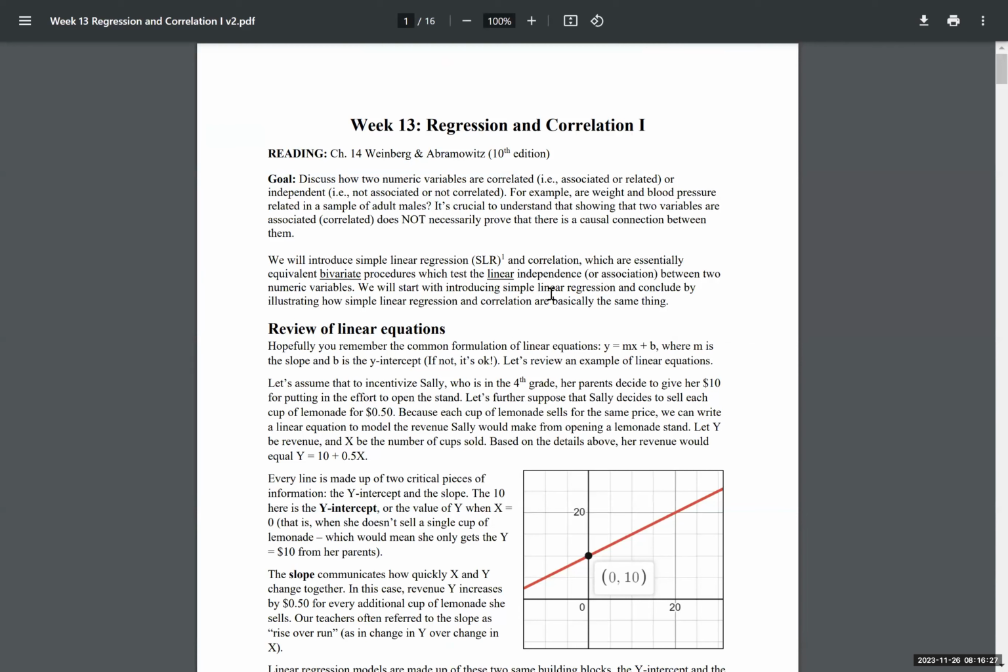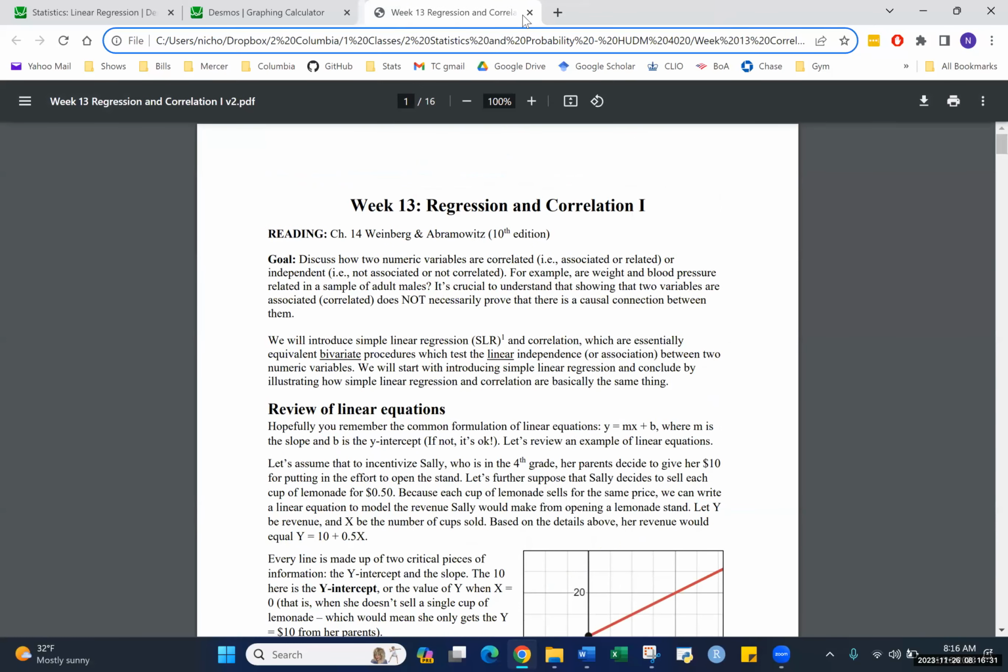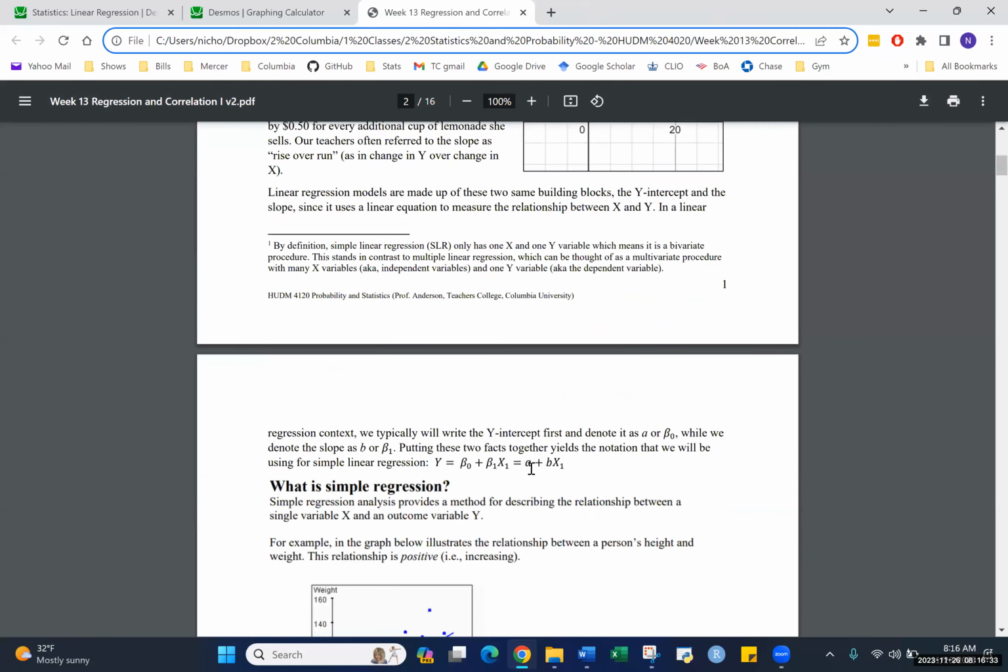Okay, here we are. So one thing I do need to do is make sure I close this one. Okay, so when we look at the regression equation for a simple linear regression model, instead of writing y equals mx plus b, there's two really common ways that you're going to see people write a regression model.